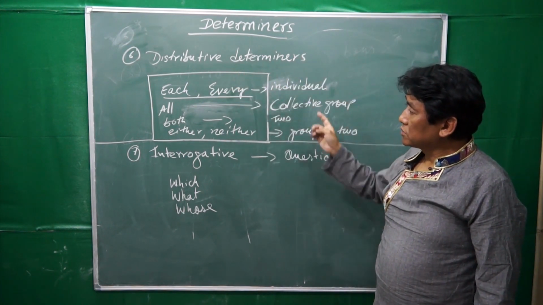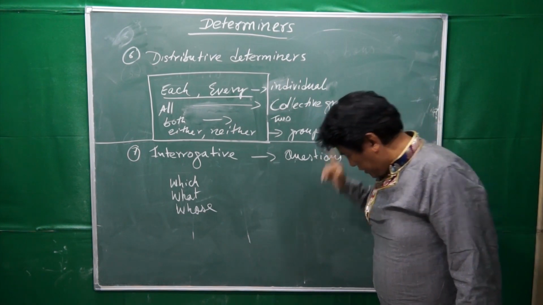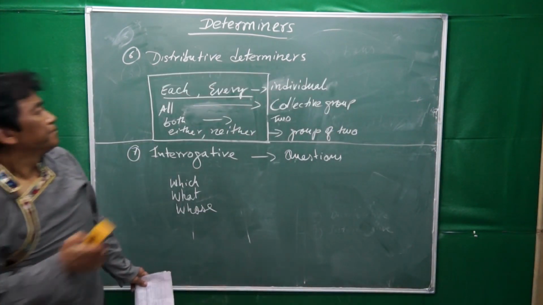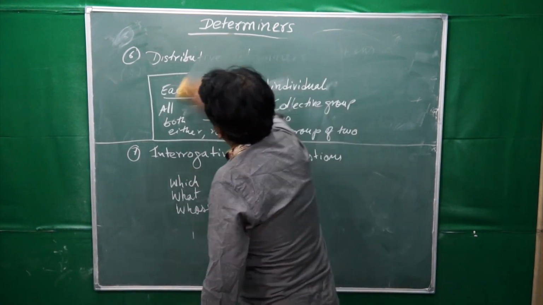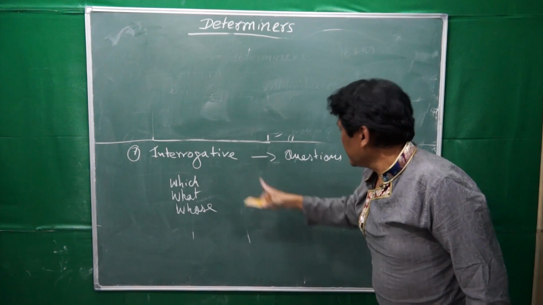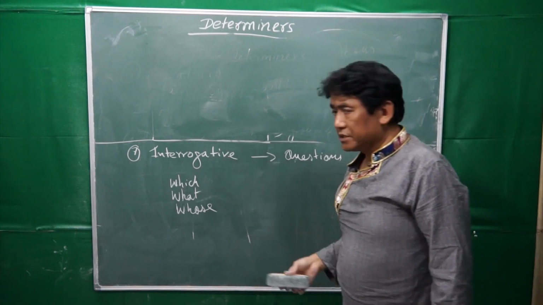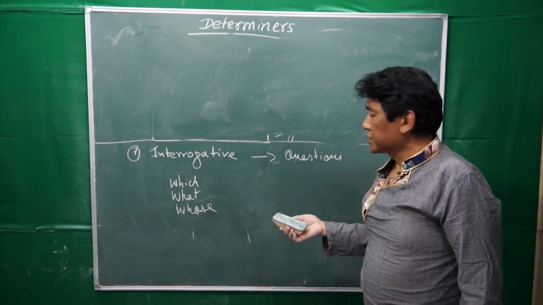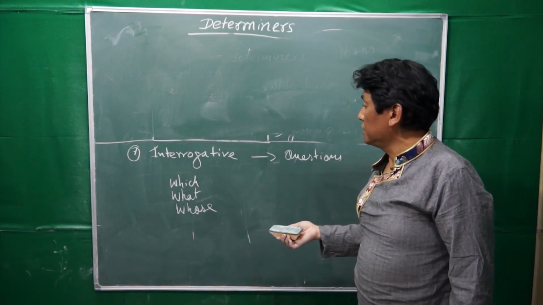Now let's move on to number 7. Number 7 is your interrogative determiners. Interrogative means questions, right? Queries, questions. Interrogative sentence you may have heard about.